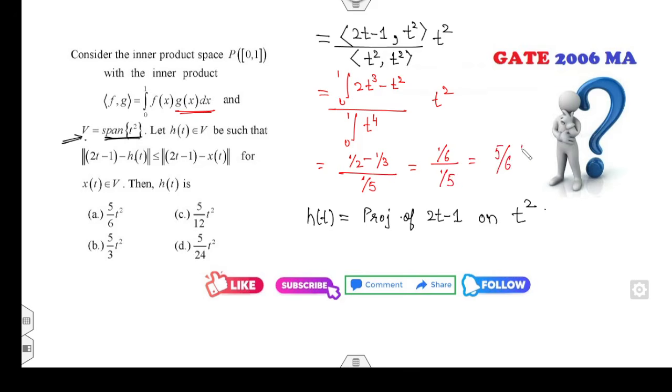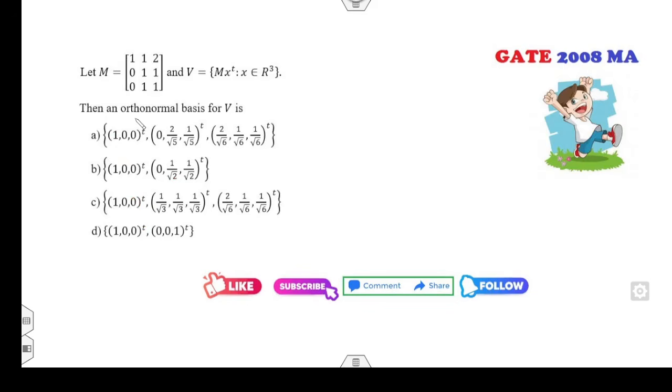That is 5 over 6 times t square, the right answer of the problem. Always remember, whenever the first quantity is the same, it must be the same. Then h(t) is the projection of 2t minus 1 on the span of t square.